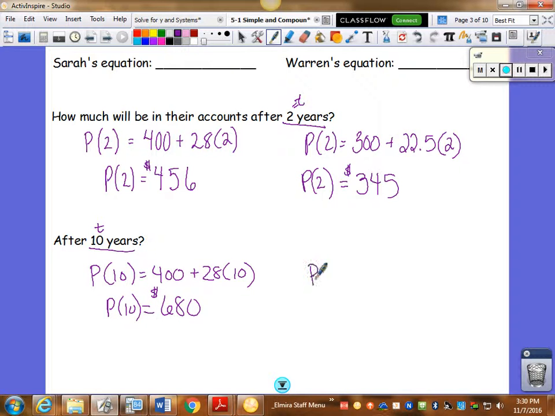For Warren, P of 10 is 300 plus 22.5 times 10. We're just subbing in 10 for t. That's $525. Just type this into the calculator or do it in your head, either way.